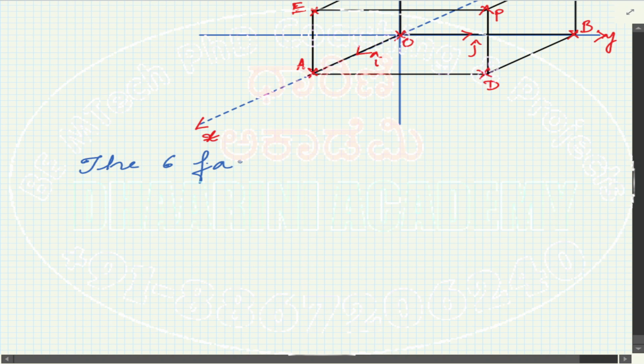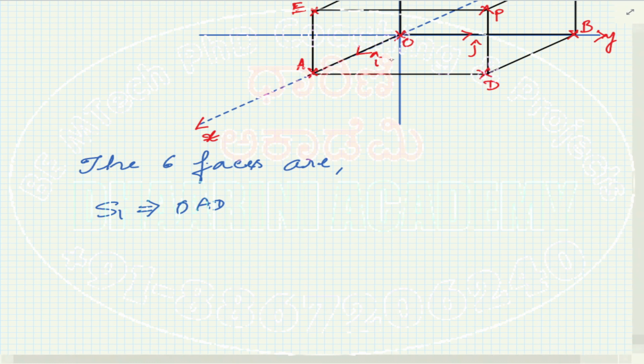Let's give the notations now. S1 is O A D B, that's the bottommost surface.